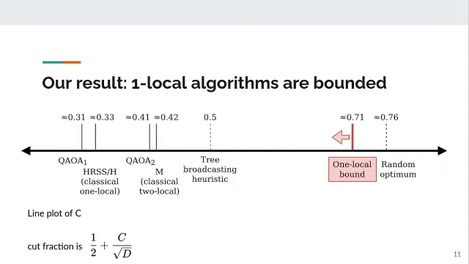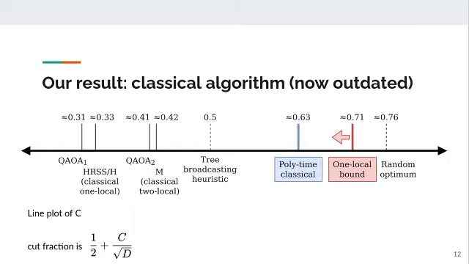It shows that any one local algorithm, quantum or classical, cannot achieve higher than this 0.71 value. So it's a non-trivial result. It's kind of weak, and there's probably lots of ways it could be extended. But it does show a maximum that you can achieve using a one local algorithm.